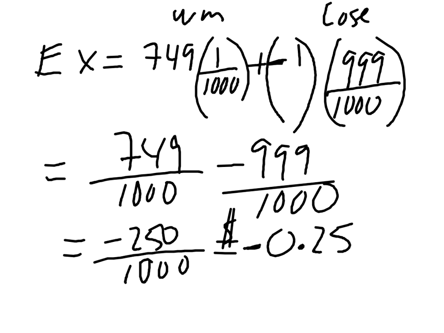So, to interpret this, there's a couple of things to think about. One is that you can only win the television set, which would net you a $749 gain, or that you could lose $1. Okay, the expectation of each person that bought a ticket would be a negative 0.25.